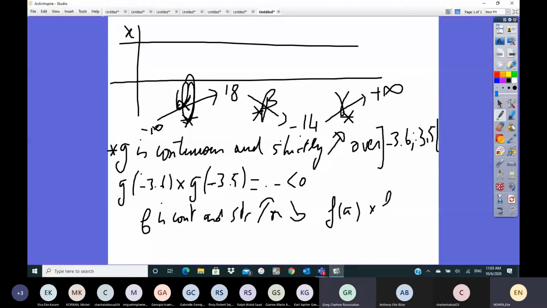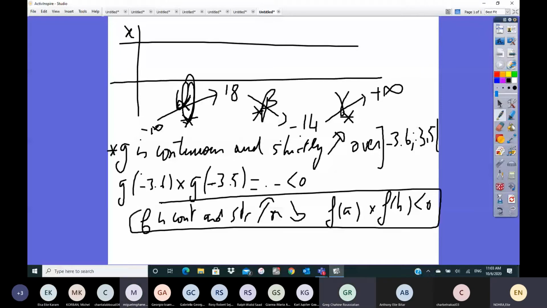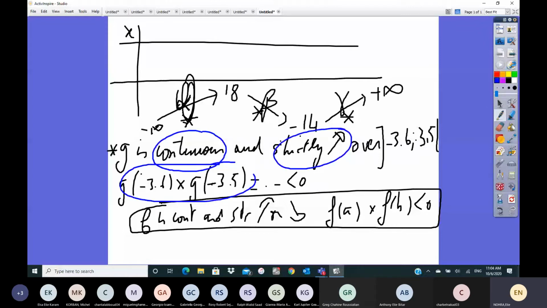This is literally what I said. When G is continuous, strictly increasing, G of this times G of that is negative. Okay. We continue with the second one.